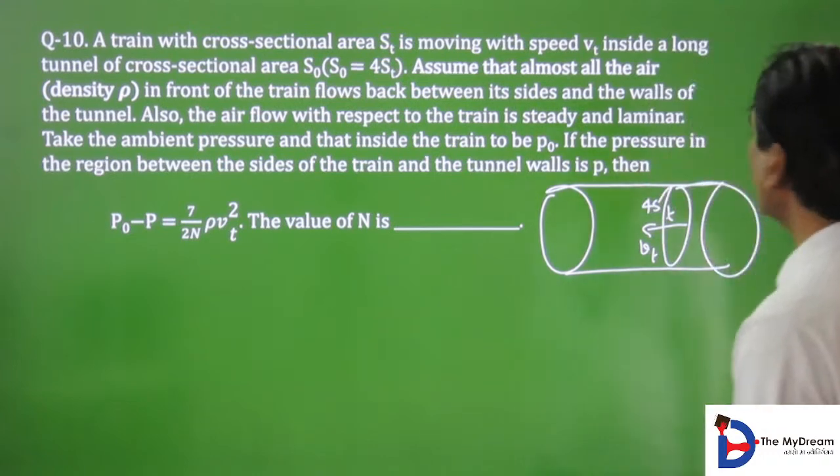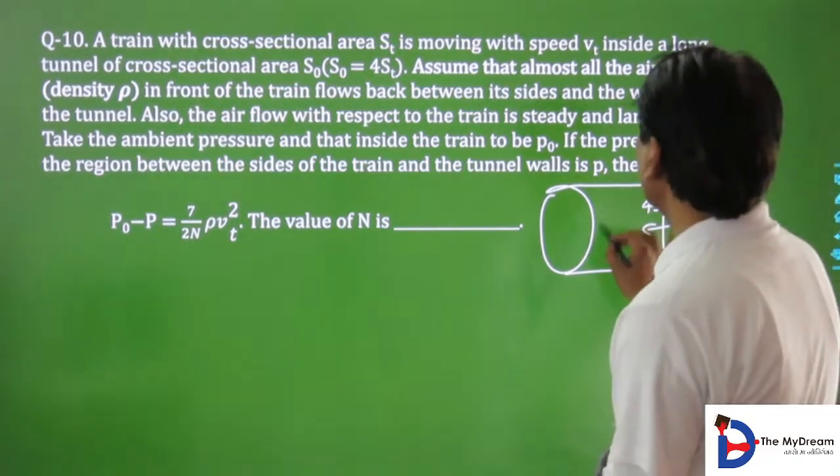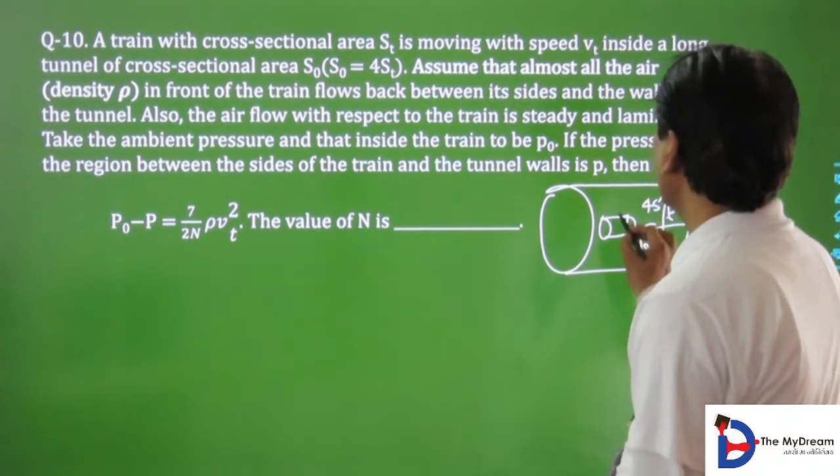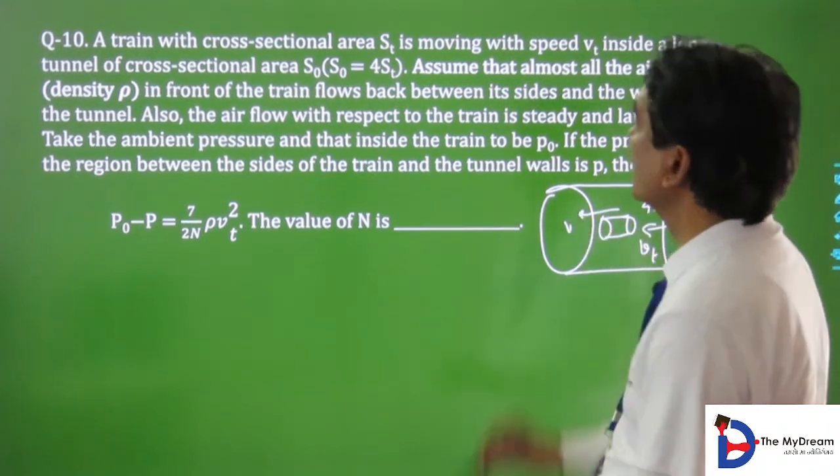This is a long tunnel in which a train is moving like this with the velocity v.